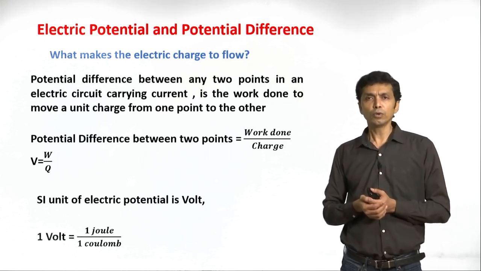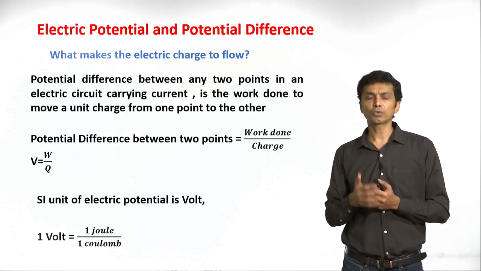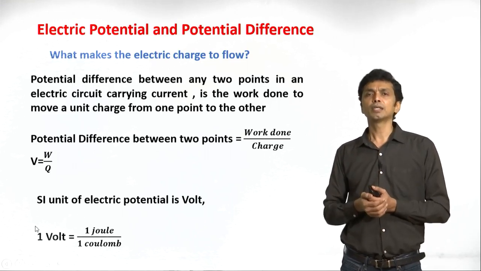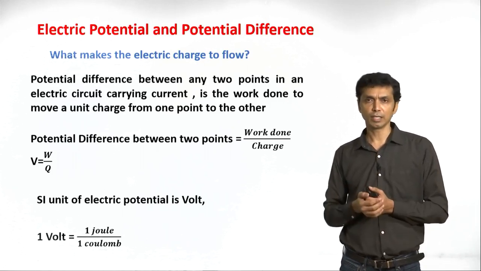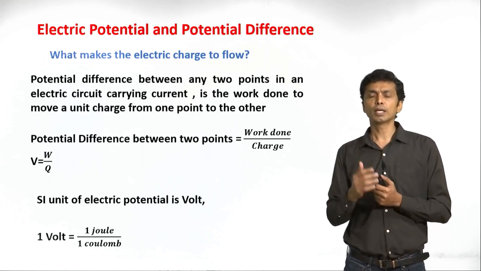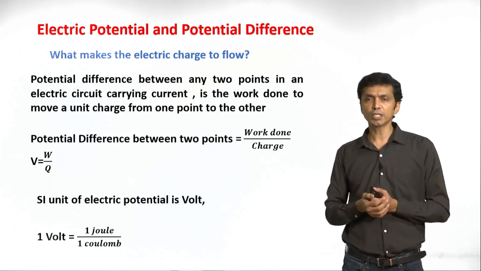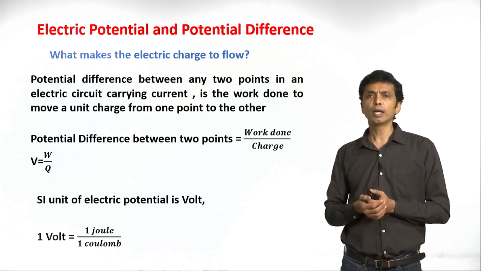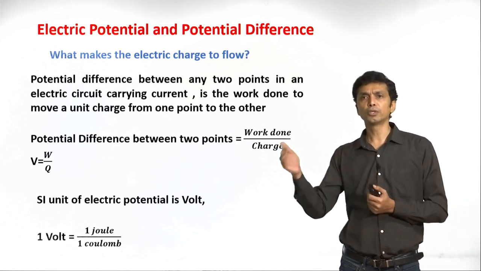So, who does the work? It is the power source or a battery. The battery does the work to move the charges from one point to the other. If you take a 1.5 volt battery or any other, that is the source doing the work in an electrical circuit.